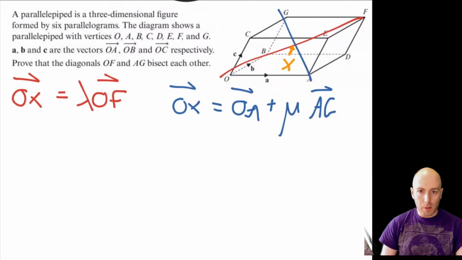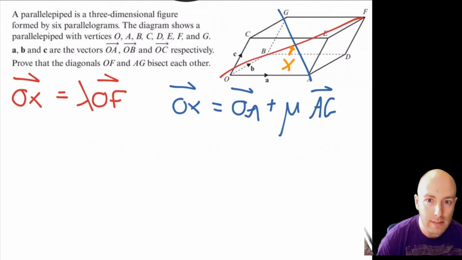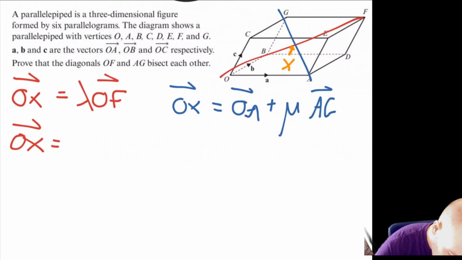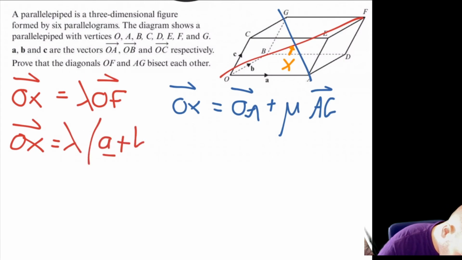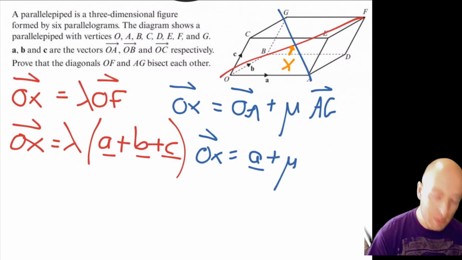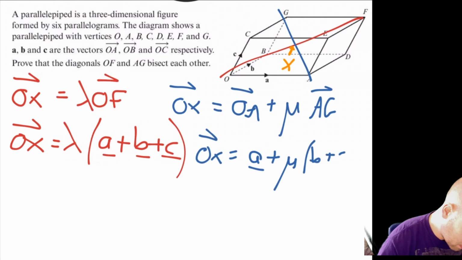We're going to break this down and do it again in steps of A, B, and C. So O to F is going to be A plus B plus C. So OX is lambda times A plus B plus C. OX here is going to be A plus mu AG. AG is going to be minus A plus B plus C, so B plus C take A.